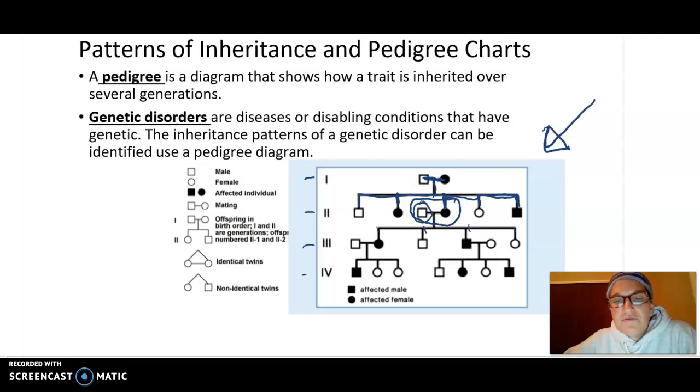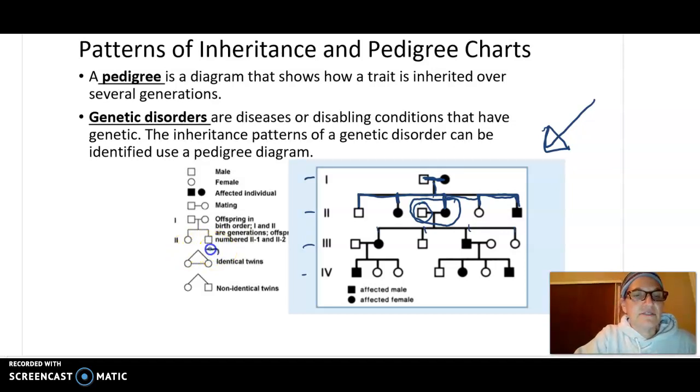They produced 2 females, 1 affected, and 2 males, 1 affected, of which one of their affected females had children, and one of their affected males had children. And so that's how a pedigree works. It's really pretty simple and straightforward.